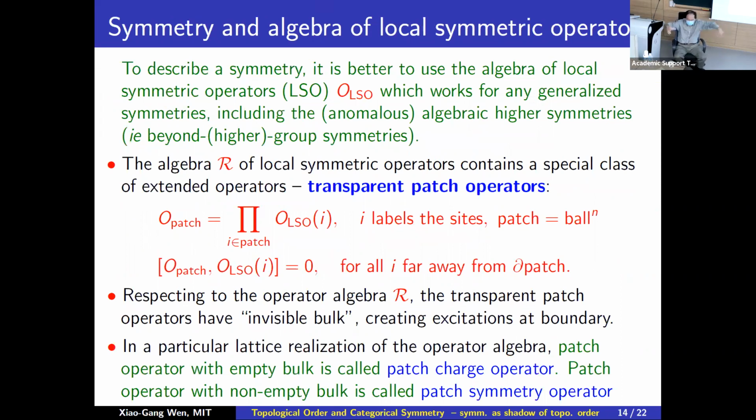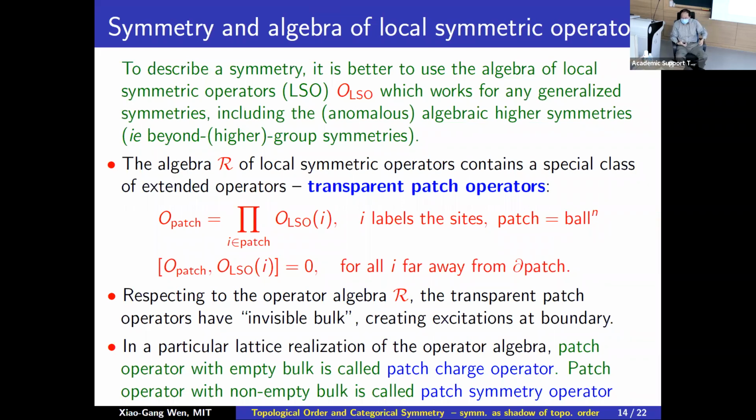You have a patch, which is like a disk or segment. This patch should exclude the boundary itself. Usually they're far away from the boundary of the system. We consider maybe the system has no boundary, like a periodic boundary condition. But the patch itself has a boundary.